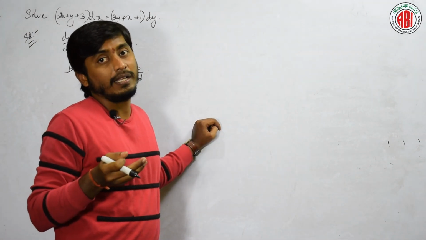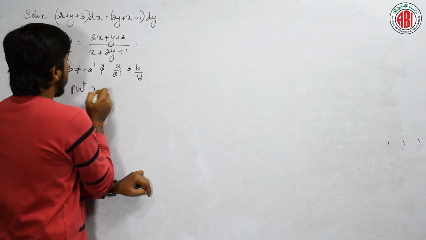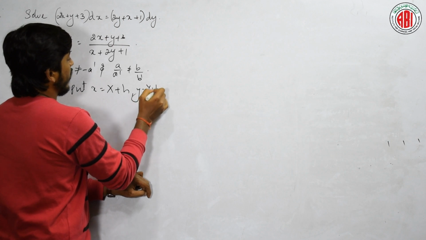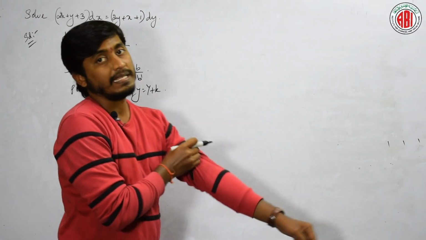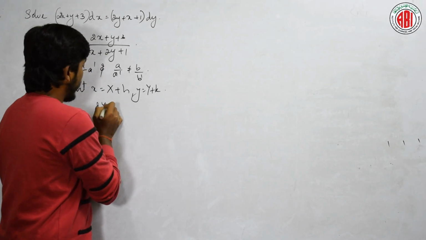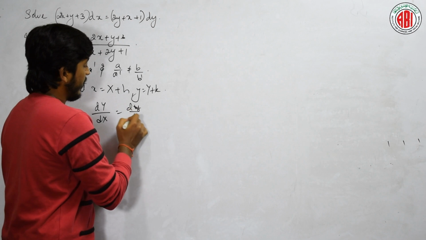How do we solve it? Just put small x equal to capital X plus h, small y equal to capital Y plus k. So what will be my dy by dx? dy by dx is nothing but capital dY by dX.